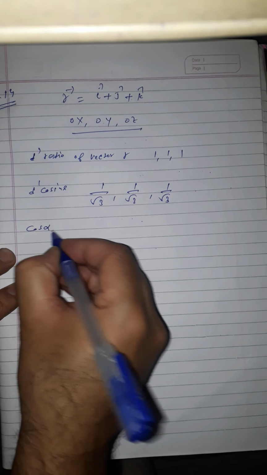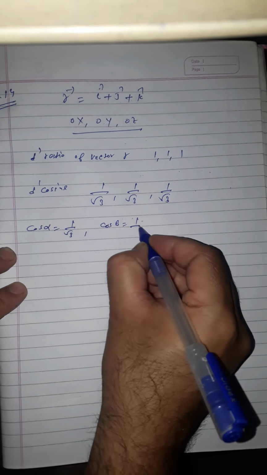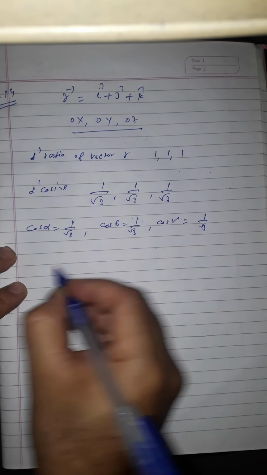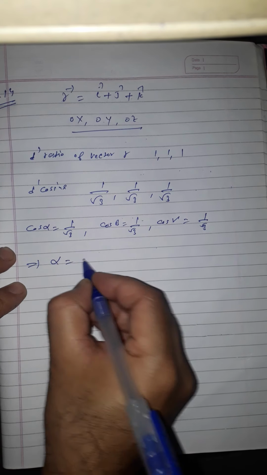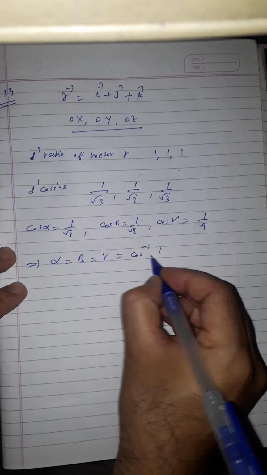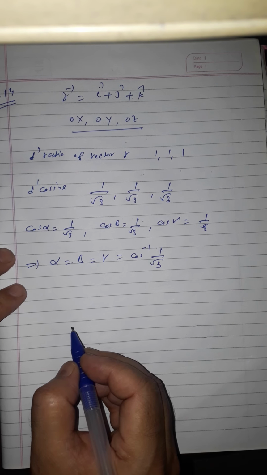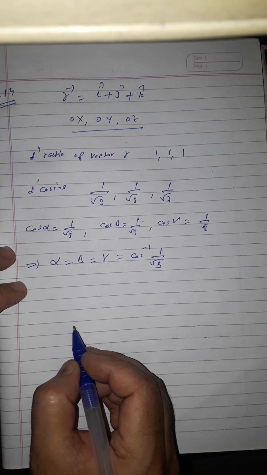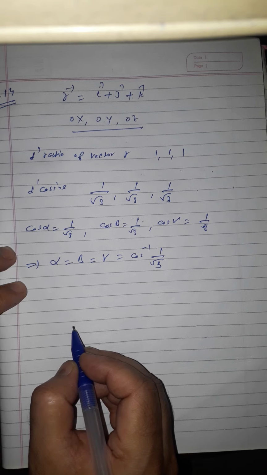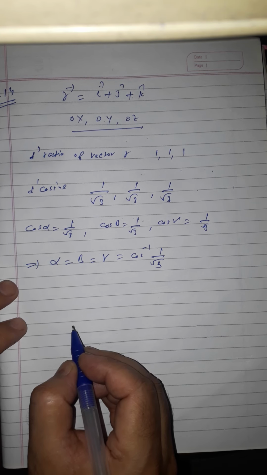You will say that cos alpha is equal to 1 by root 3, cos beta is also equal to 1 by root 3 and cos gamma is also equal to 1 by root 3. This implies that alpha is equal to beta is equal to gamma, that is equal to cos inverse 1 by root 3, and hence it is proved that the vector R that is equal to i plus j plus k is equally inclined on OX, OY and OZ. This is the solution of this question.